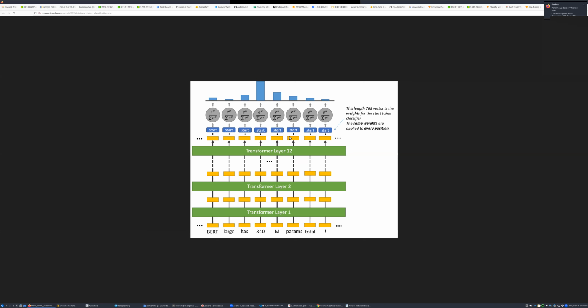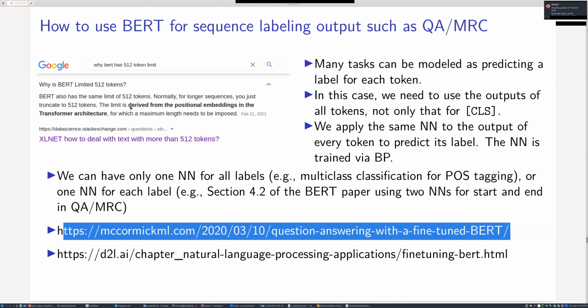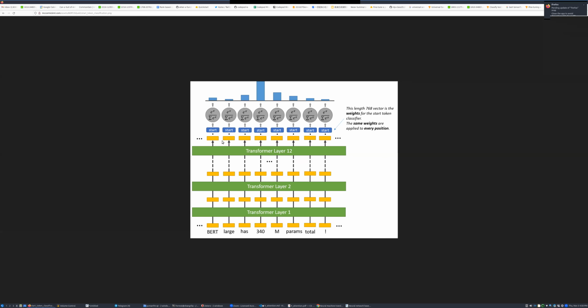For example, in question answering, one way is I can predict the beginning of the answer and the end of the answer. Here, I need to predict that the beginning of the answer is at the word derived, while the end of the answer is on the word architecture. So I train two neural networks. One, given the contextual embedding of every token, predicts whether it is the beginning of the answer.